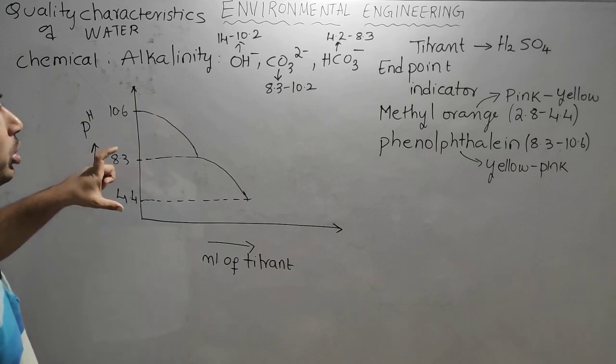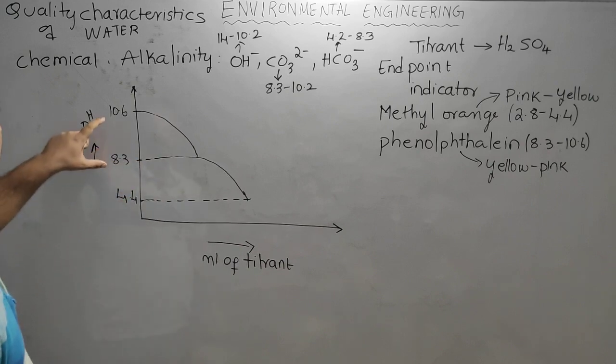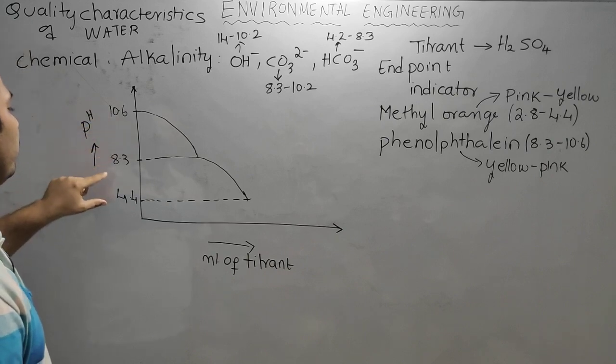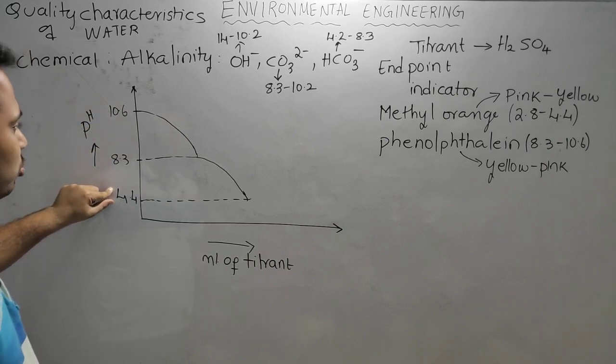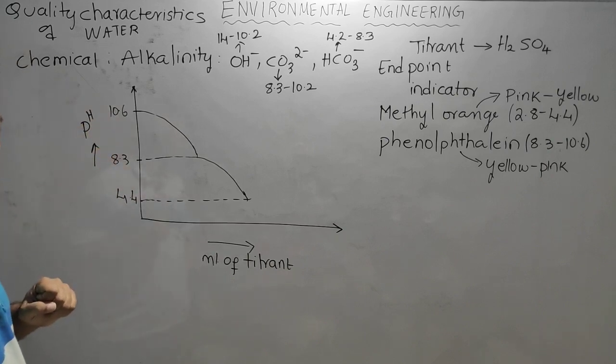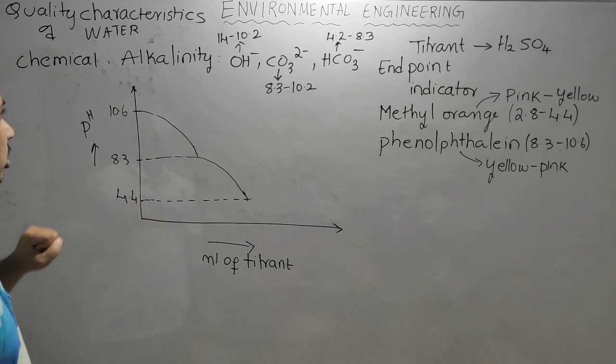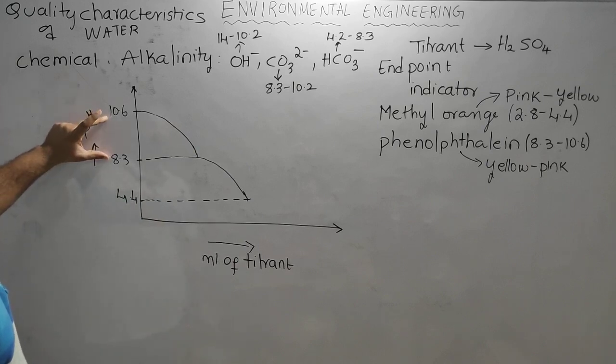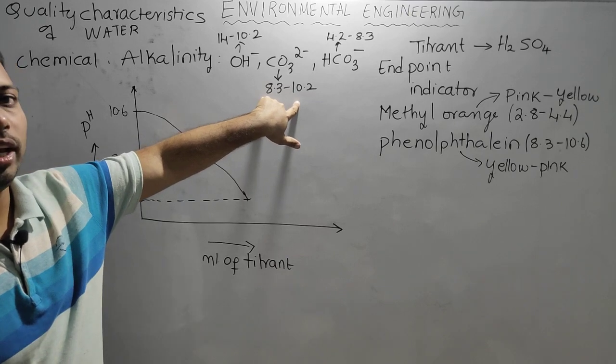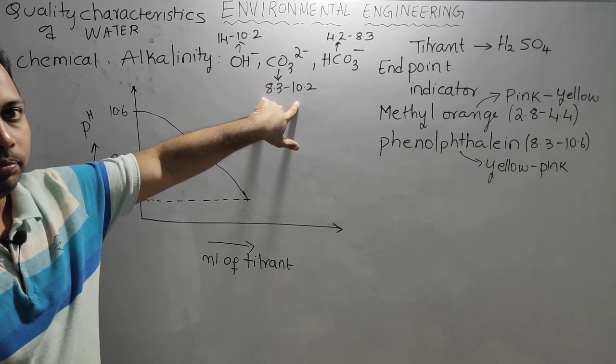So using these indicators, here I have used phenolphthalein, here I have used methyl orange, to identify the boundaries. In this boundary, who will exist predominantly?